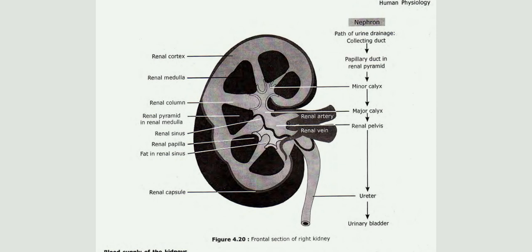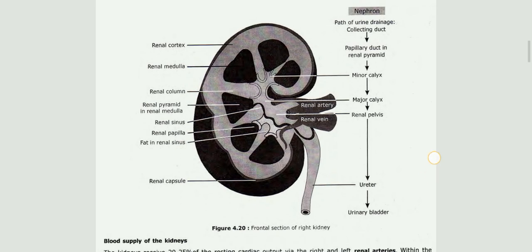Then the nephron, path of urine drainage: collecting duct, papillary duct in renal pyramid, then minor calyx, then major calyx, renal pelvis, ureter, urinary bladder.